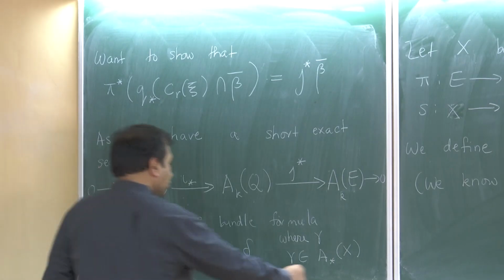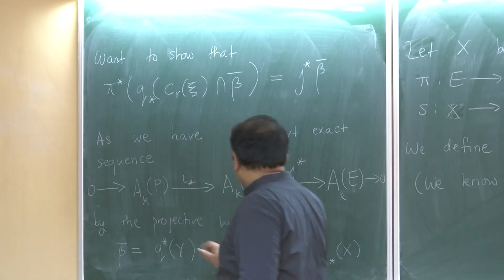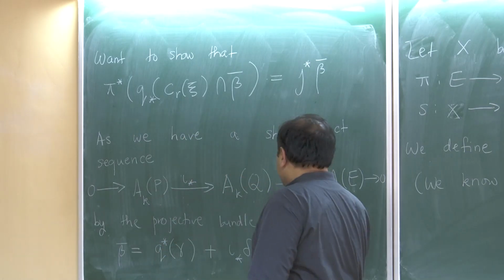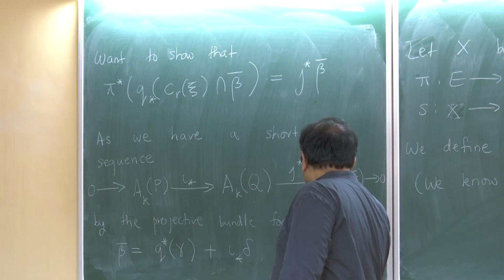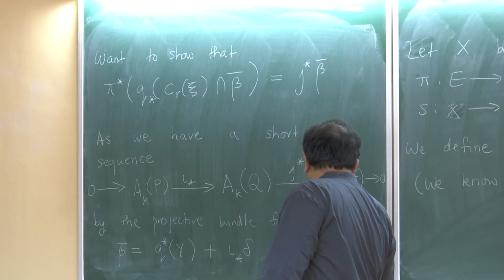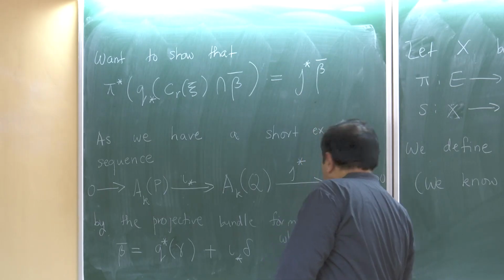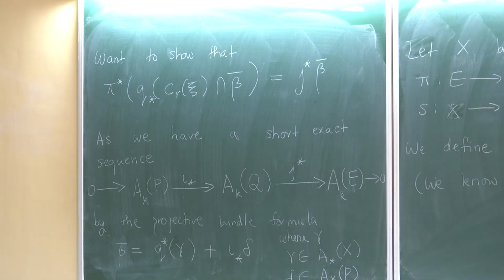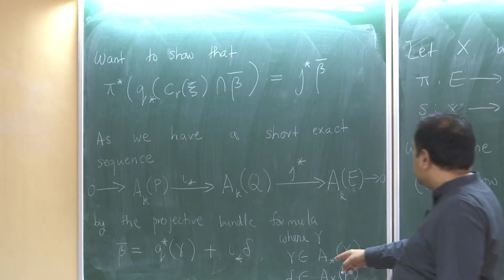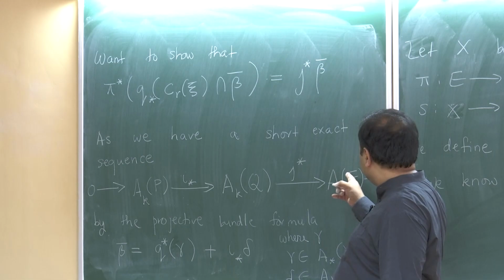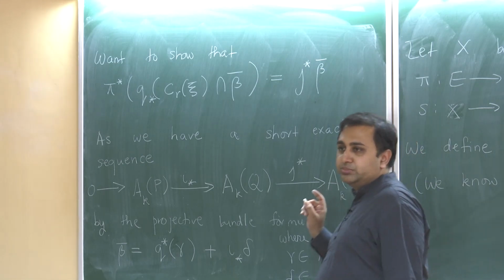So you want to calculate J upper star of beta. What I want to say is that this can be written as a sum where gamma is coming from X and delta is coming from P. This is because the flat pullback to E is an isomorphism.